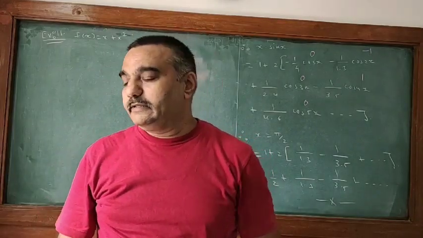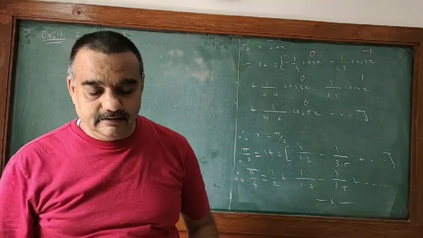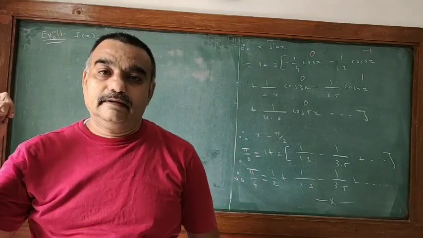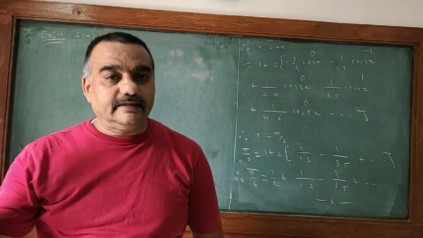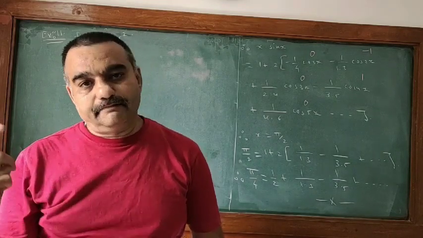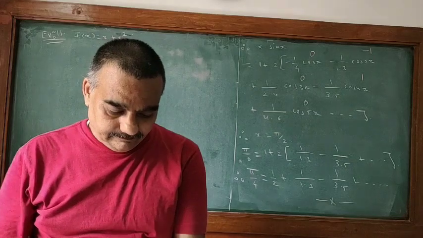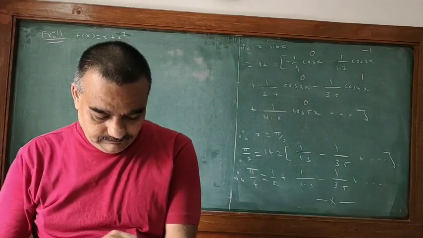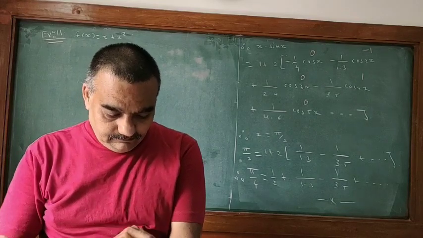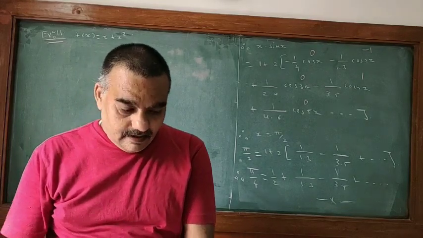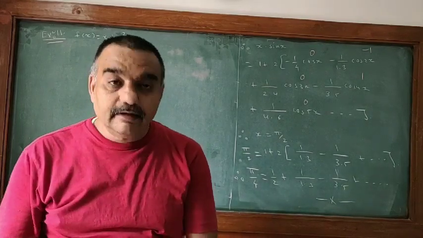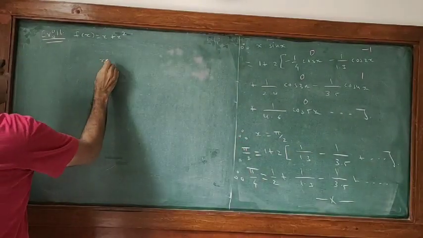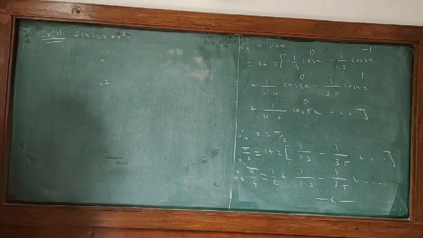Now read the statement of example 11. Here we want to find Fourier series expansion of x plus x square. And check that if you consider this sum as two sums as x and x square.